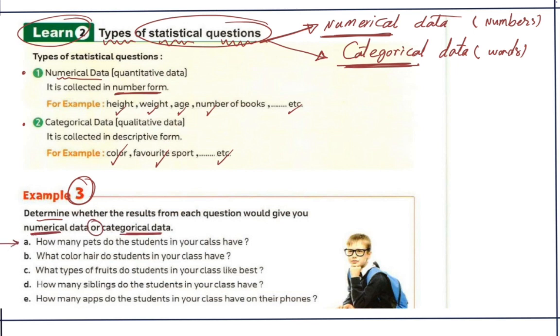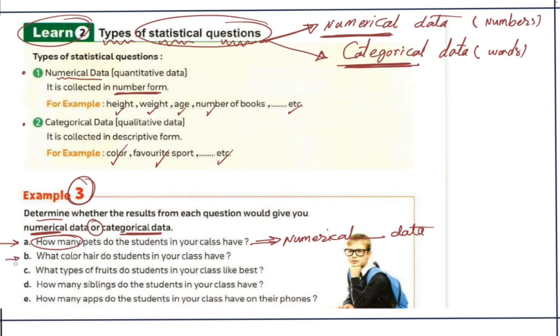A. How many pets do the students in your class have? Okay, how many? Any answer to how many will be a number, right? So the answer will be a number. It's numerical data, right? Maybe 5, 4, 3, 2, 10, and so on.